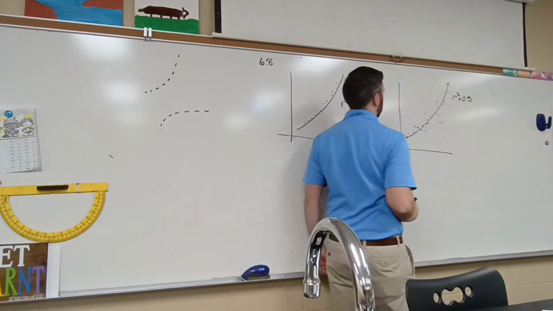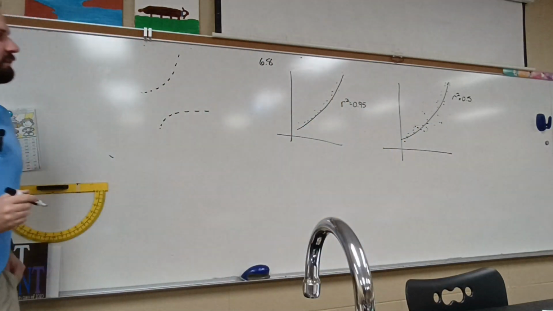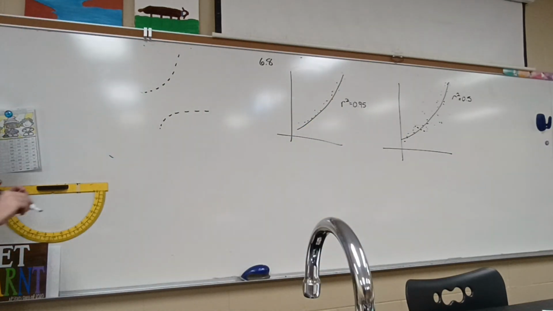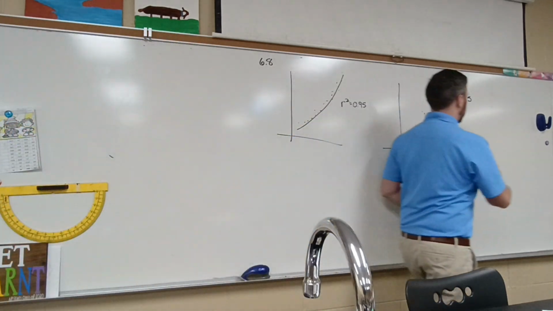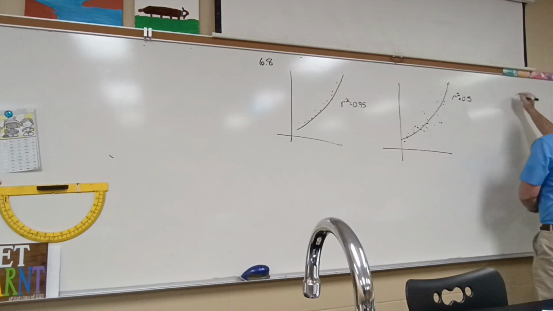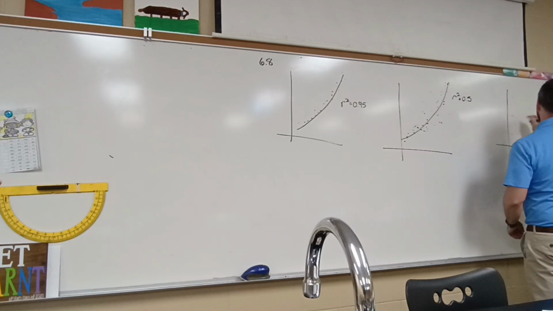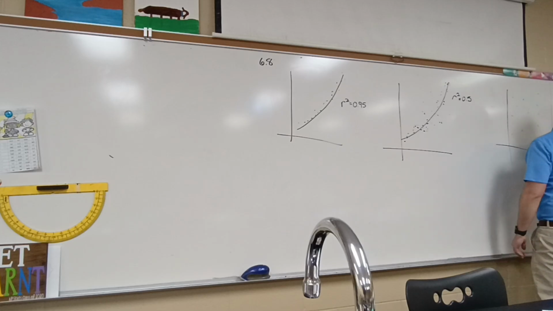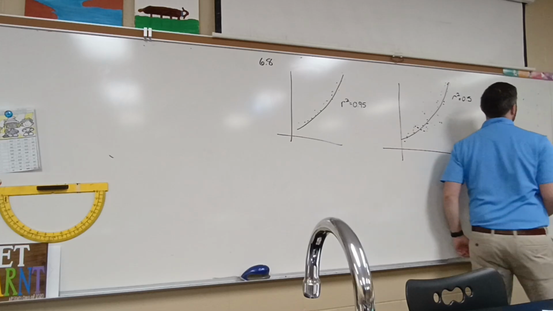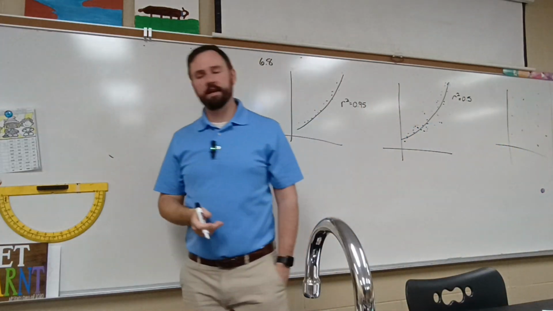I'll put some more dots. There we go. Great. Ring a bell. Remember we played the game. And lastly, this one would be pretty close to 0, because I wouldn't even know where to draw a line on that.